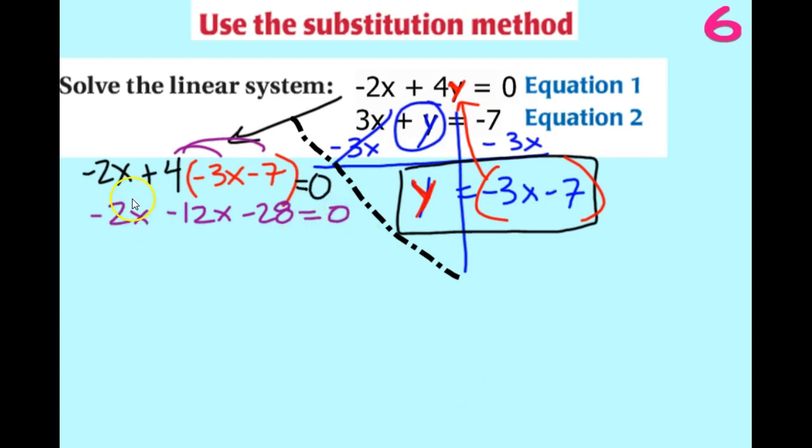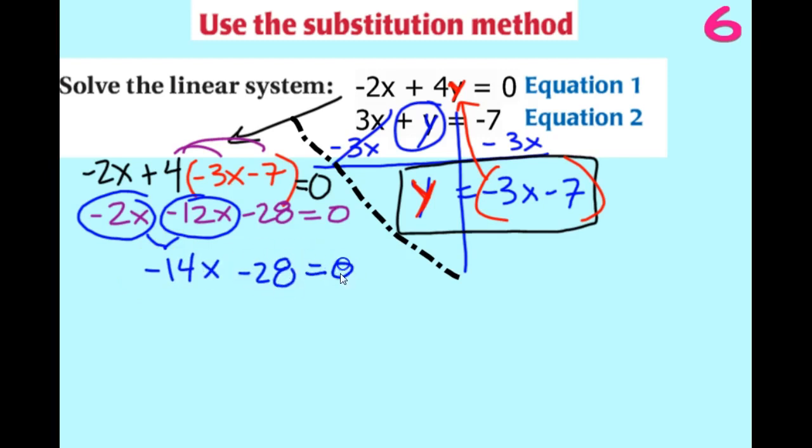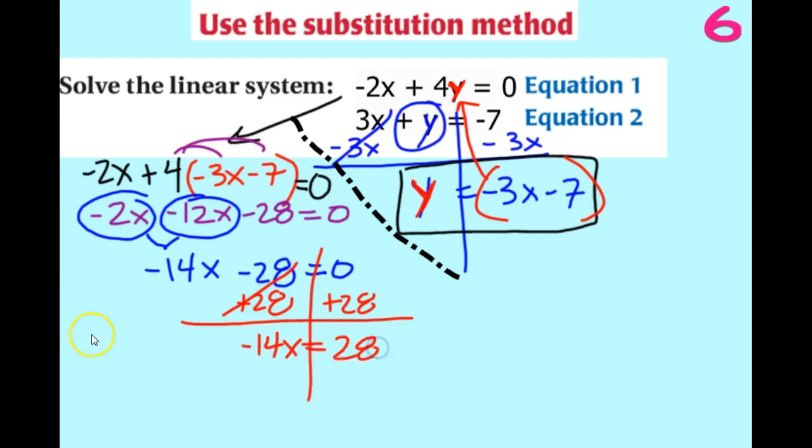And then we need to combine our like terms first. Negative 2 and a negative 12, same sign, add them up. That's negative 14x. And then we need to get x all by itself, so get rid of your addition and subtraction first. I'm going to add 28. We have negative 14x equals a positive 28.